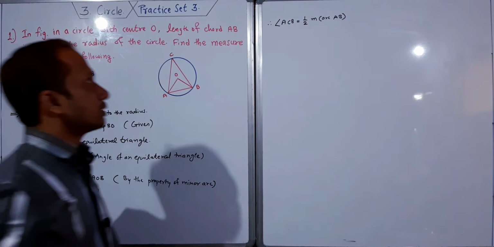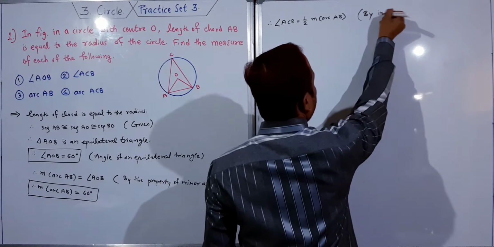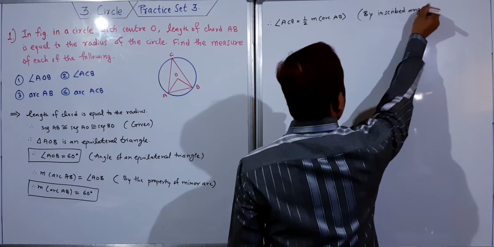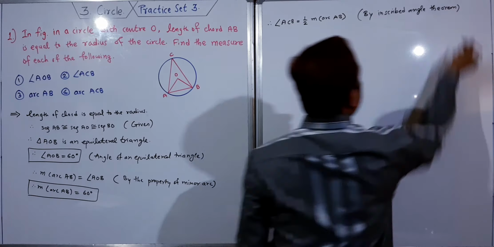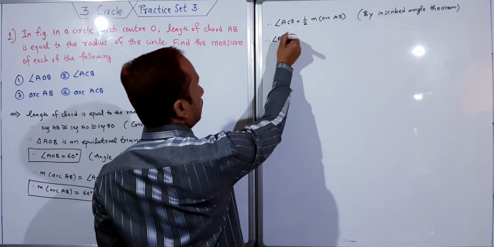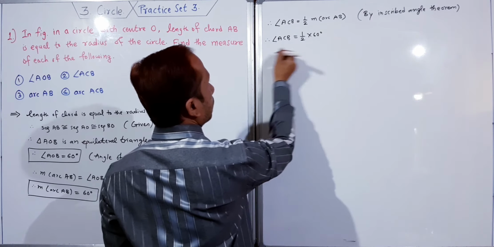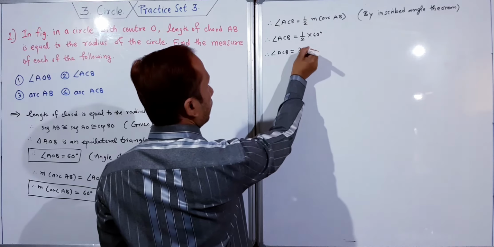So you have to write the reason: by inscribed angle theorem. Therefore measure of angle ACB is 1/2 into 60 degrees. Therefore measure of angle ACB is equal to 30 degrees.